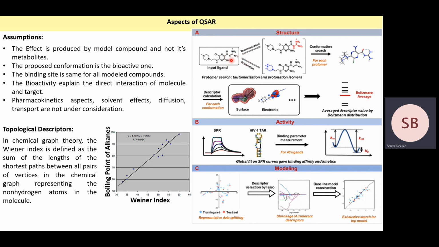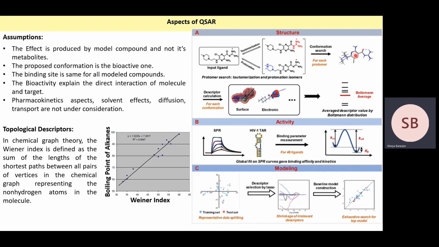This NH3 plus, so the double bond is shifting from the N double bond to the NH2 plus double bond. Now, it can have different conformations. For each conformation, there is a descriptor. We learned about the molecular descriptors in the previous slide.